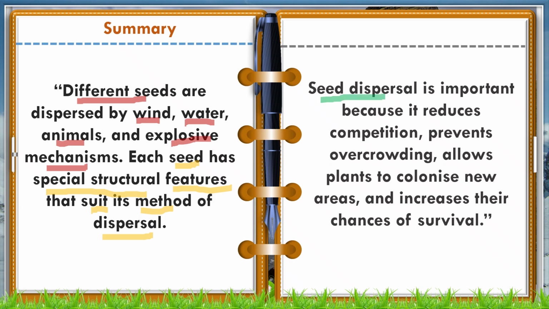Seed dispersal is important. Why? It reduces competition, it prevents overcrowding, it allows the plant to colonize new areas, and it also increases their chances of survival.